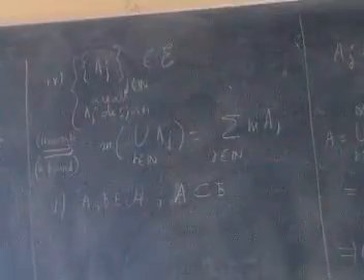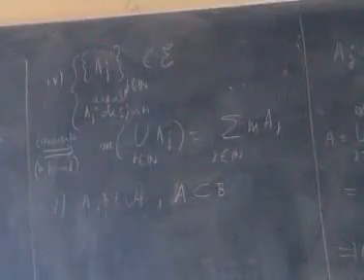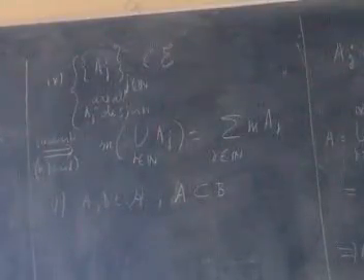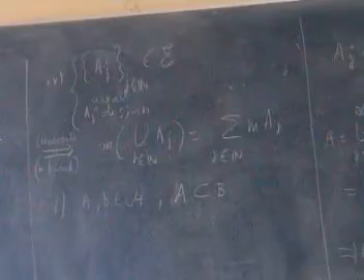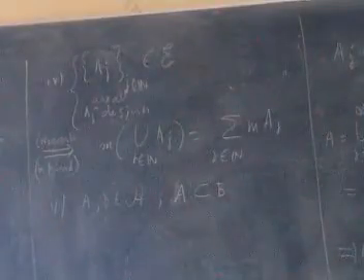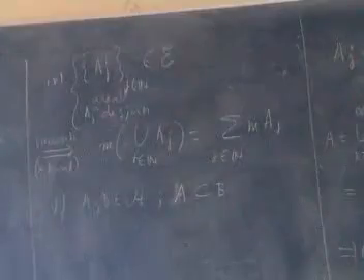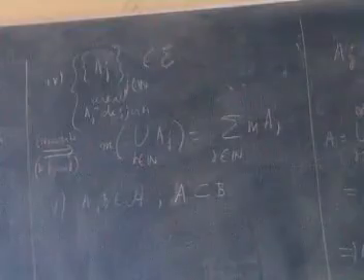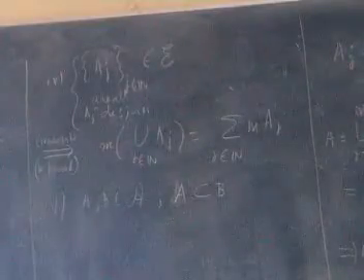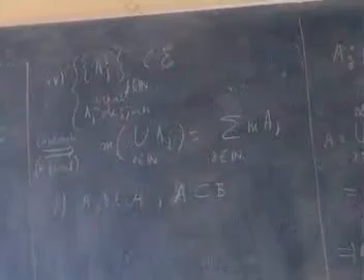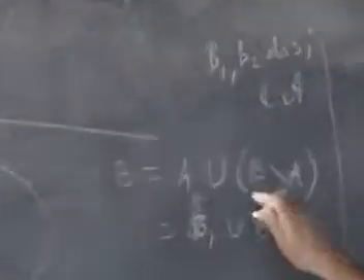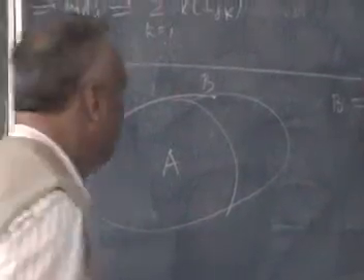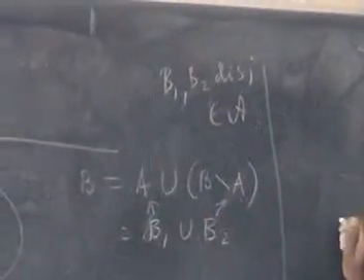A is contained in B. Then I can write B as A union B minus A. Right? Disjoint. So I can write B1 union B2, this is B1, this is B2, disjoint. They are in the algebra. Why? This fellow is in the algebra, and we showed that for two fellows in the algebra, the difference is in the algebra. At least we claim that. So therefore, we have B as B1 union B2.